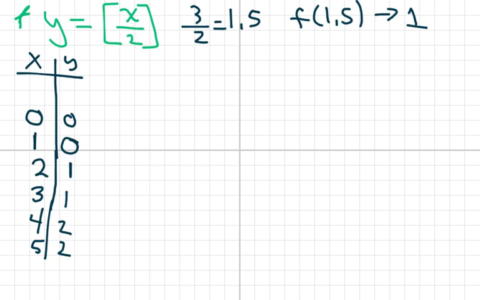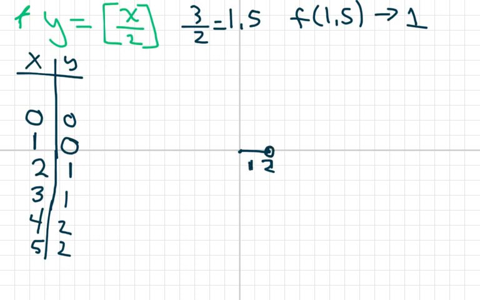So when you draw this, from 0 to 1 is 0. So this is 1, and this is 2 here. Once you get to 2, it's not 0 anymore. This is 1.